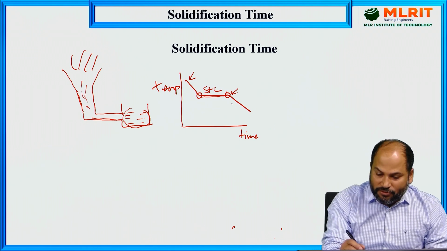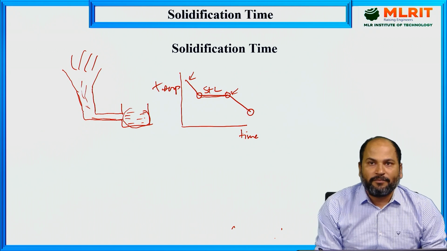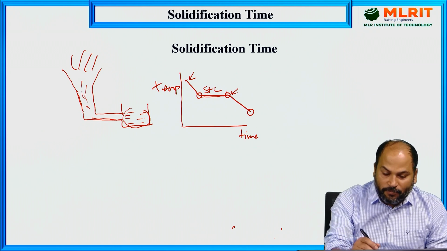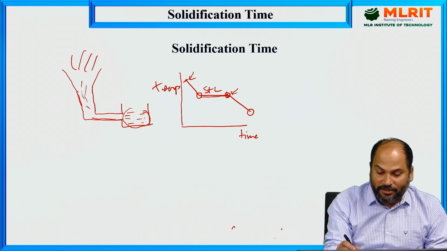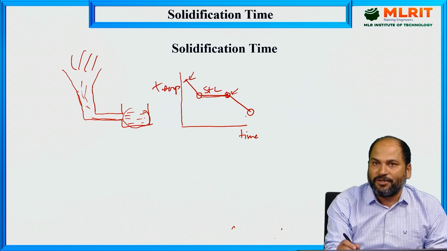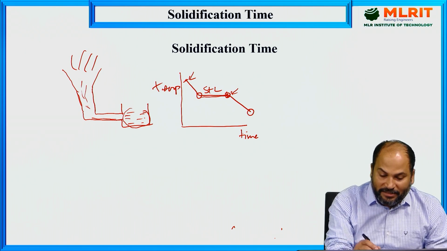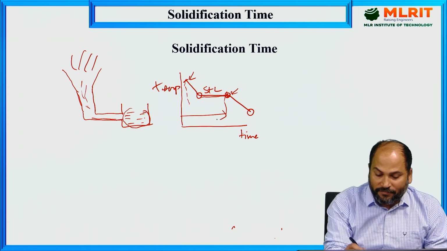It's not about reaching the room temperature, the temperature where we are performing the experiment. So solidification time is when we are pouring, starting from the pouring temperature to reaching the solid state, not the room temperature. So how much time it is taking from this point to this point, this is known as solidification time.